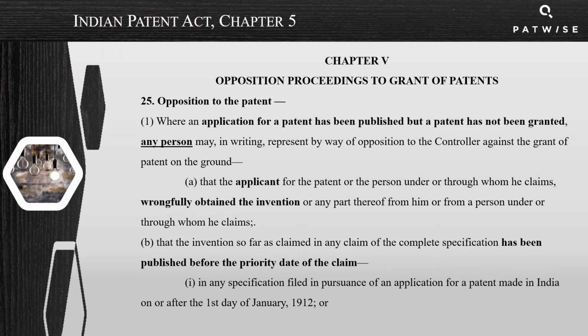Point number 2: the invention for which the patent is going to be granted or has been applied for has actually been published in a previous patent application filed in India, or in any other document published in India or anywhere else, which is prior claiming or prior publication. So it is anticipated under Section 13 by any document already published before the priority date or date of filing.